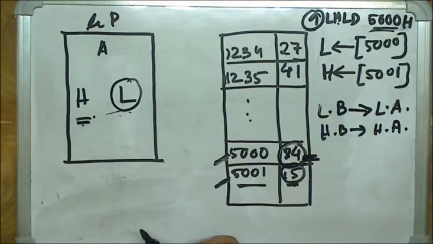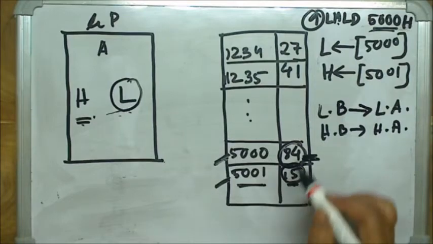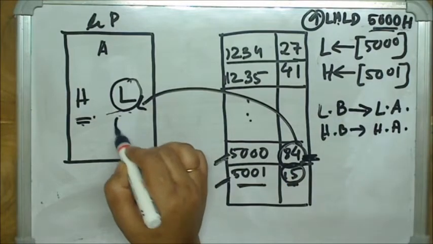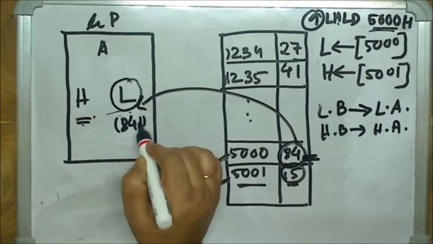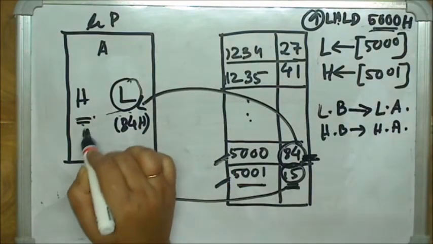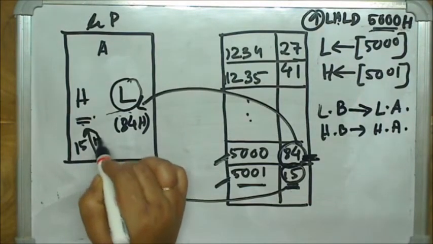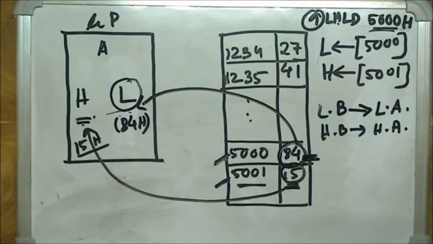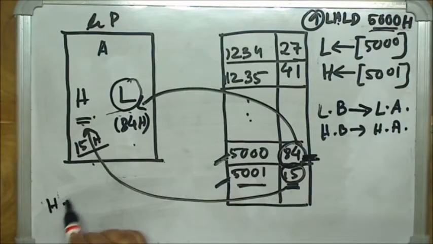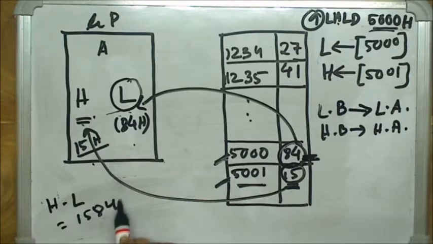So if you write LHLD, the 84H from the lower address will be loaded in register L, and 15H will be loaded in register H. So H gets 15H and L gets 84H, and the contents of the HL pair are 1584H.